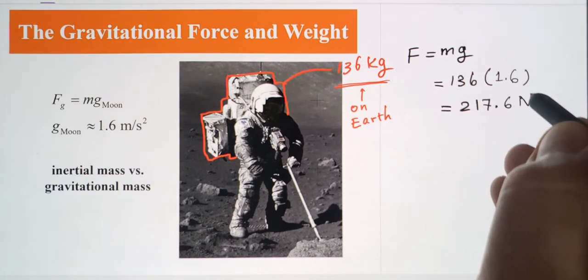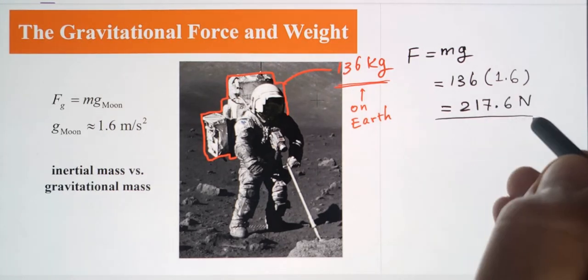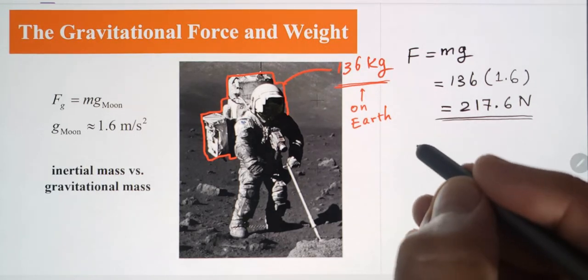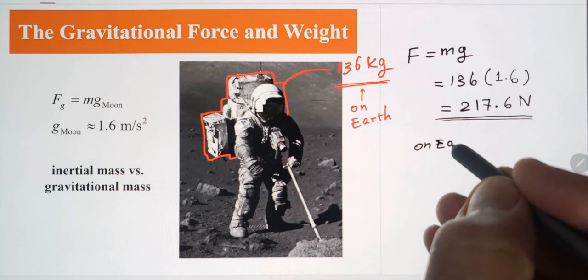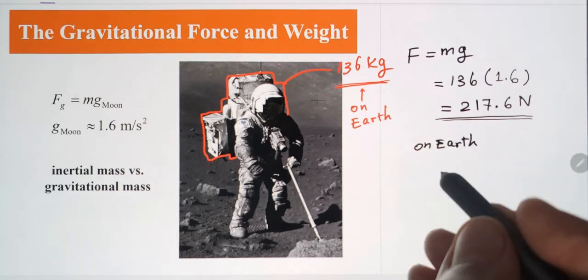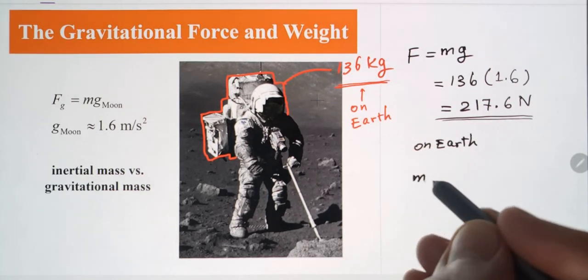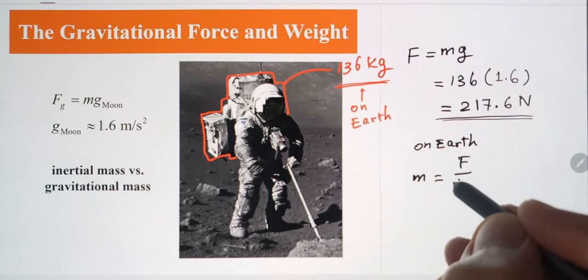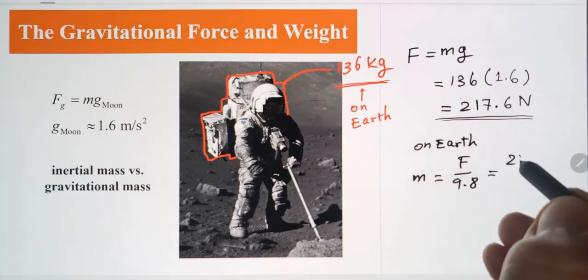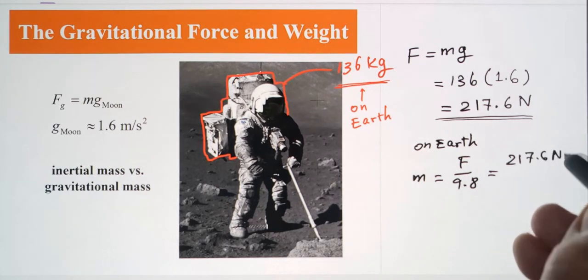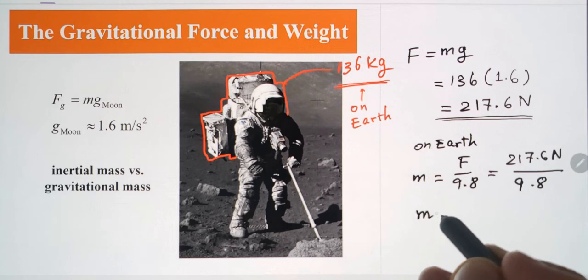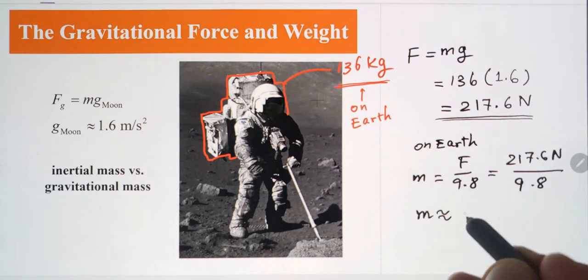And what is that equivalent in weight on Earth? The equivalent mass is force divided by 9.8, so 217.6 Newton divided by 9.8 is about 22 kilogram.